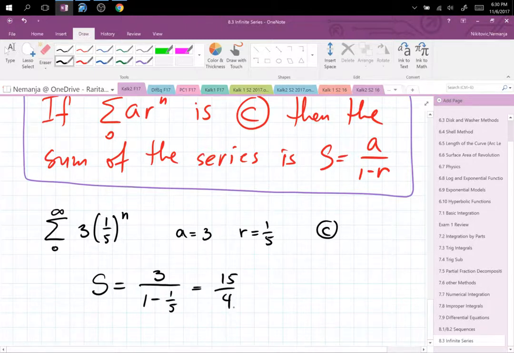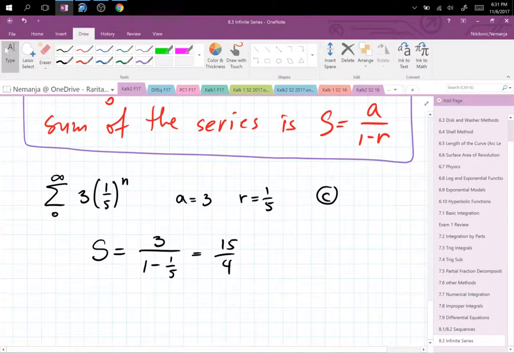So we can say that the series converges to 15/4, because 15/4 is the sum. When you add infinitely many numbers, you get 15/4. That's what we have. So what are those numbers that you are adding? What is this sum? It is 1/5 to the 0, which is 1, times 3, so 3 plus.